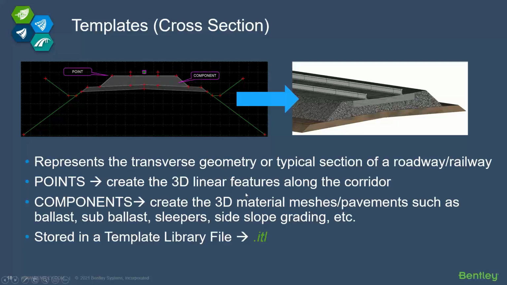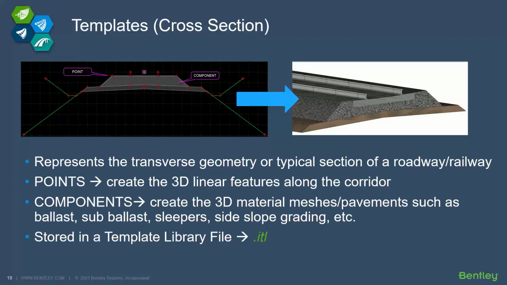So this template basically represents the transverse or cross-section geometry or typical section of your roadway or even, of course, your railway. So this template is composed of points, which later on become 3D linear features along your corridor.